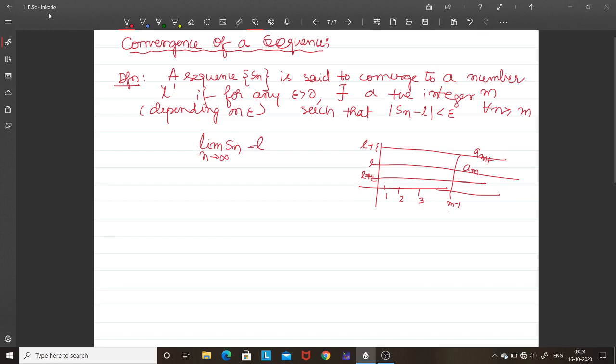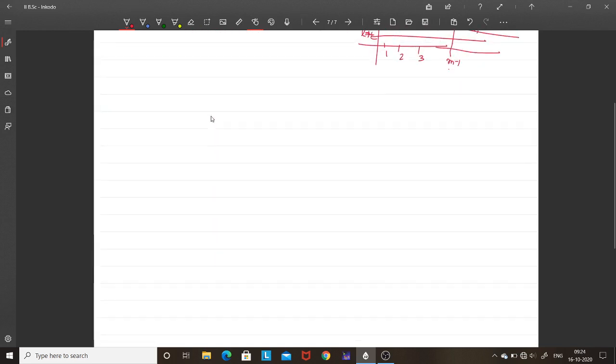Now let us see the theorem related to this. Important theorem. Theorem 1. The statement of the theorem is: every convergent sequence is bounded.